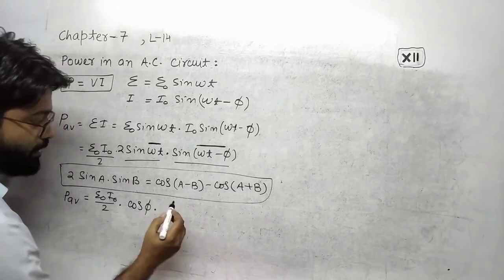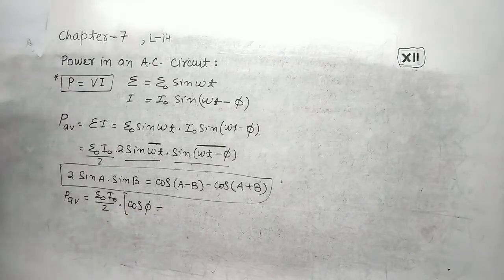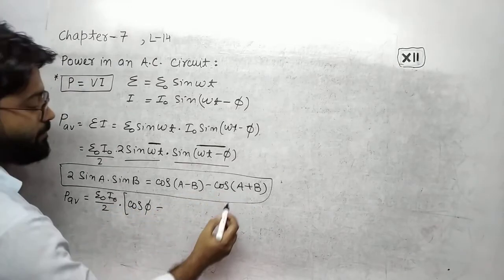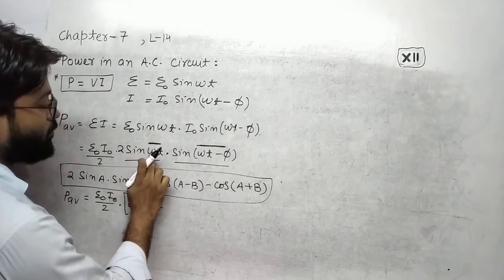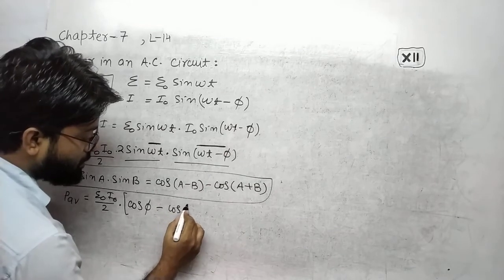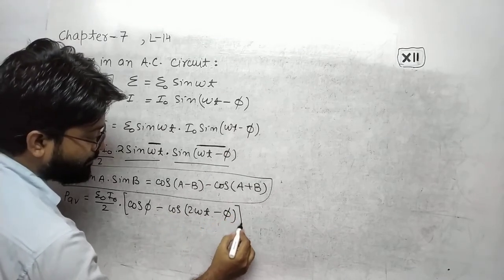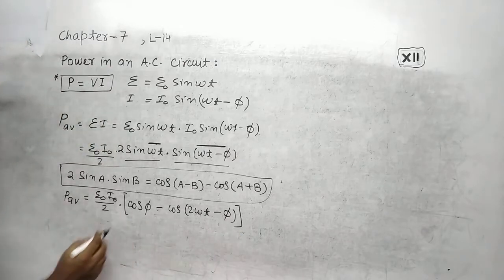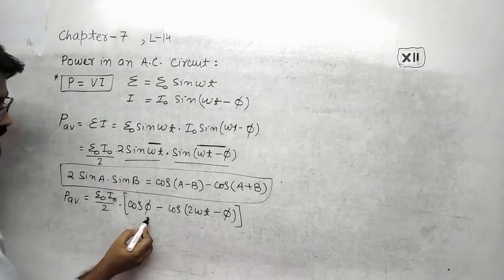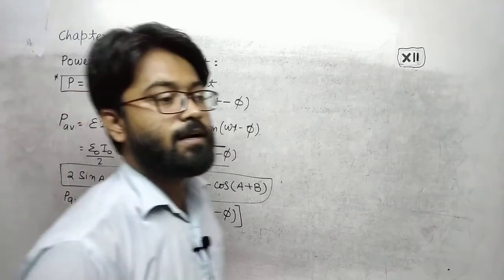Minus cos (A plus B), which is omega t plus omega t minus phi, so it will be cos (2 omega t minus phi). Here what you will see is that this term cos phi is independent of time.